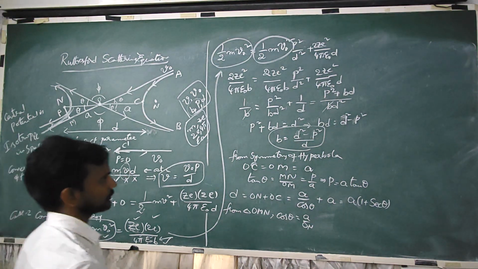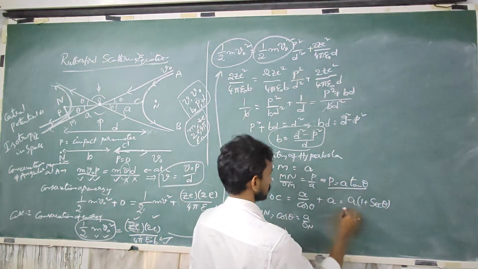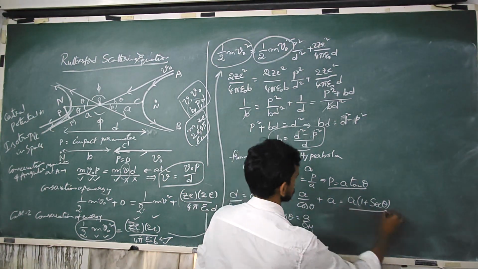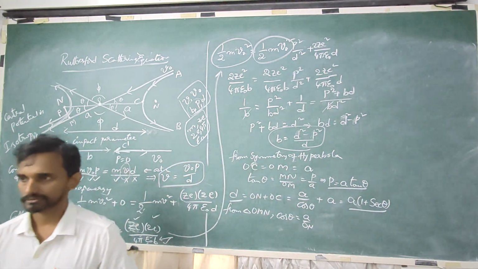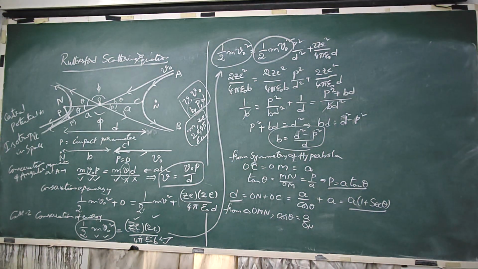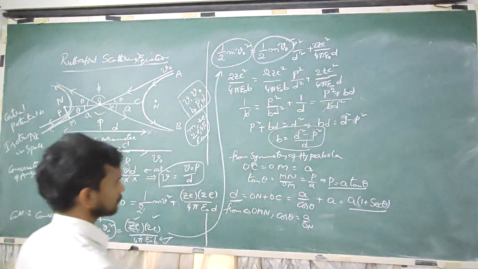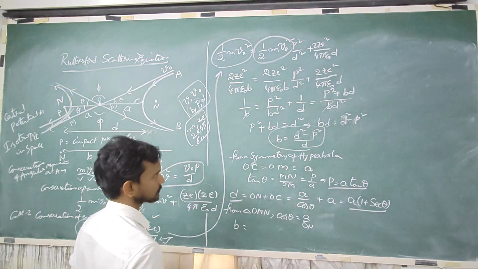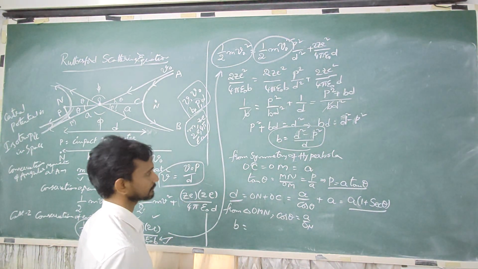So we get the value of P as well as D. Okay, and we can substitute it in that equation. So b is equal to d square minus p square by d.